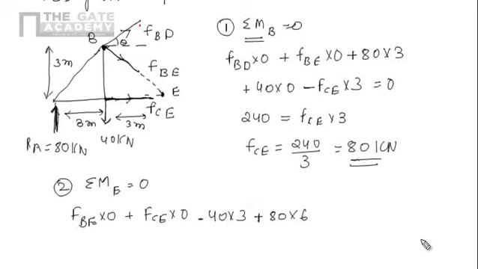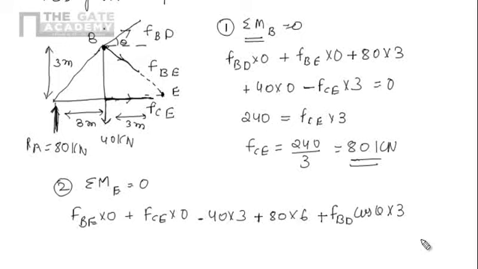And if we see, the FBD has two components, that is FBD cos theta in that direction and FBD sin theta in that direction. So moment due to FBD cos theta will be FBD cos theta into perpendicular distance 3, and it is in clockwise direction, so it will be positive.